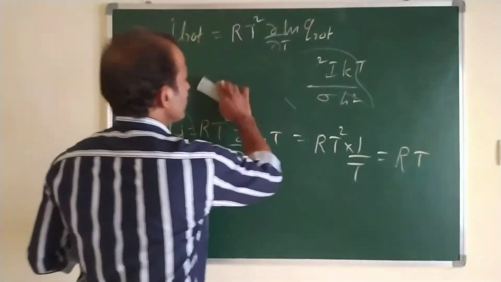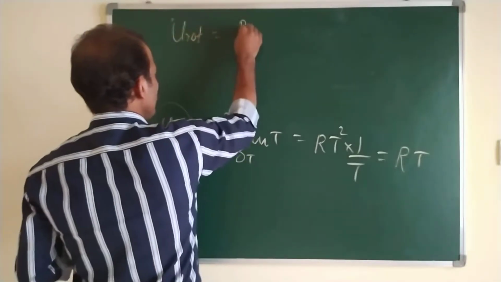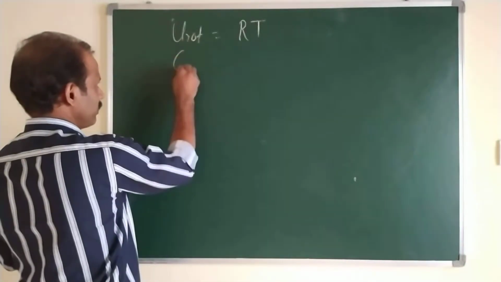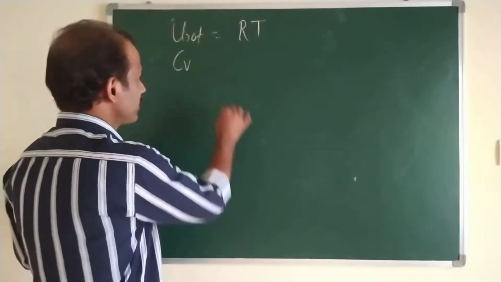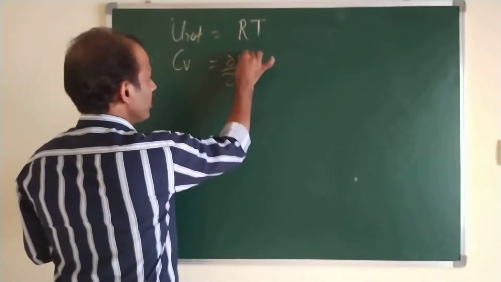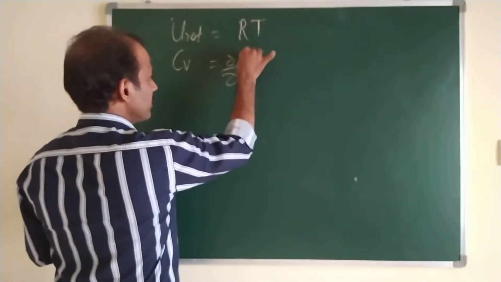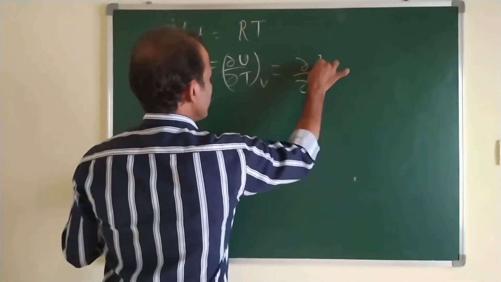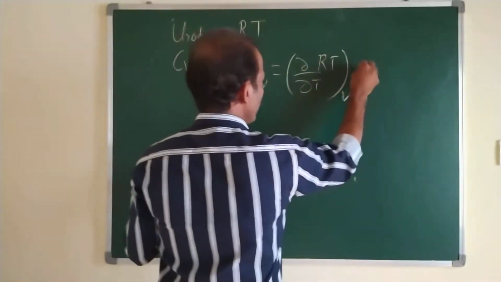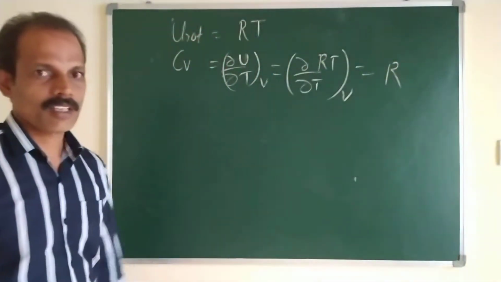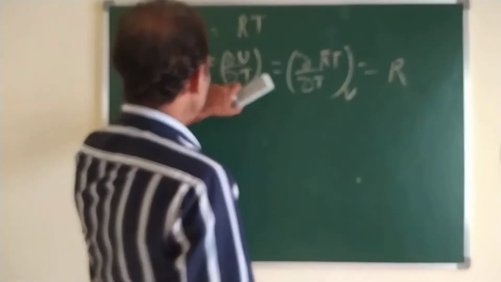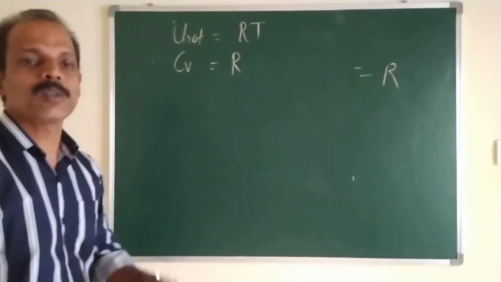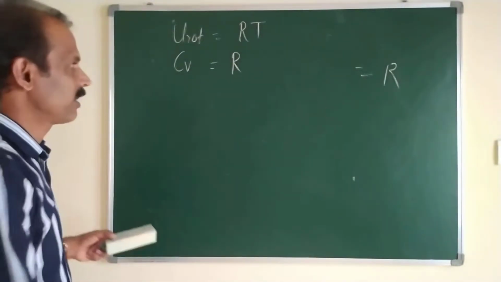And heat capacity in terms of rotational partition function, as we know, is dou U by dou T at constant volume, which is equal to dou by dou T of RT at constant volume, which is equal to R. So heat capacity CV rotational is equal to R.